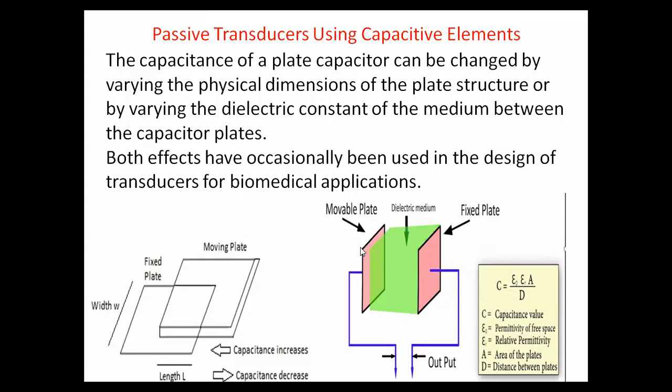Suppose the plate is moving away from the dielectric medium, then the distance increases, and increased distance means the capacitance decreases. We take the output between the two plates of the capacitor. The output reflects the change of capacitance. The change in capacitance is measured by using AC bridges, so that the variation of the capacitance corresponds to the variation of the applied displacement.